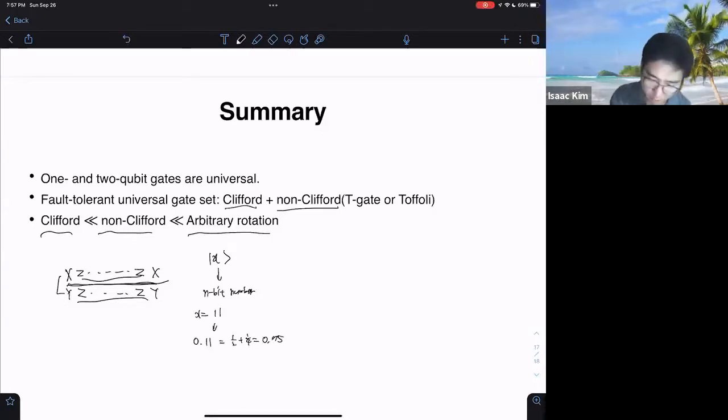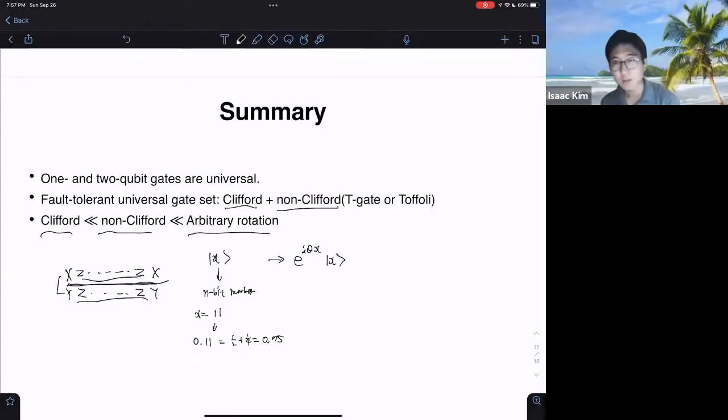And the goal is to implement e to the i theta x, where x is viewed as a real number in the binary approximation.